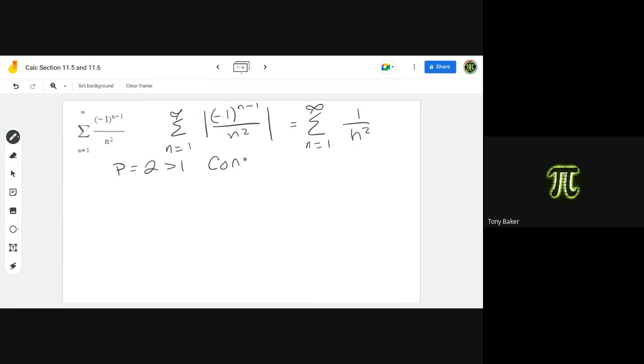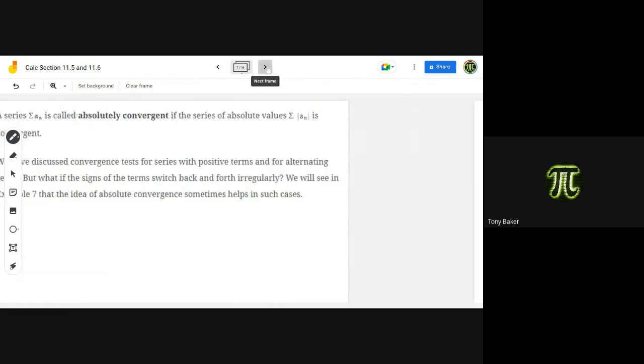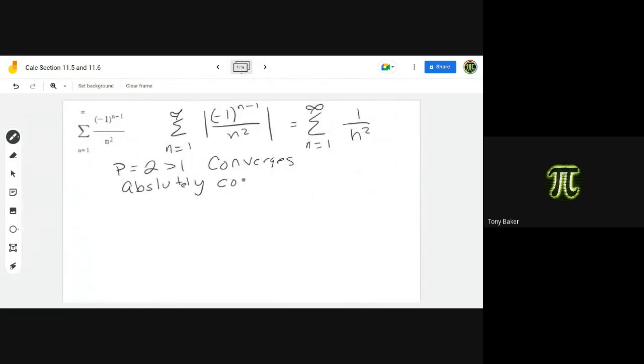So therefore, it converges. So this series is known as absolutely convergent. Which means any series that goes down to that, when I take the absolute value of it, would be convergent.